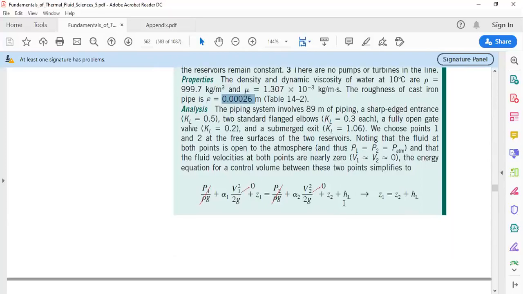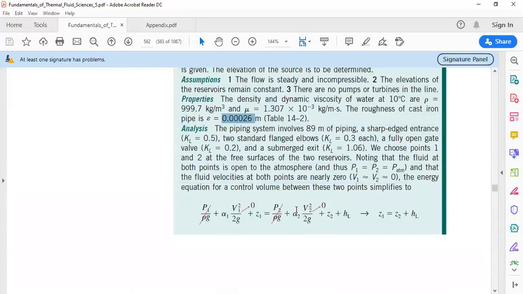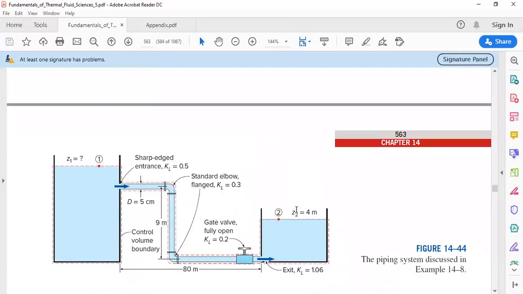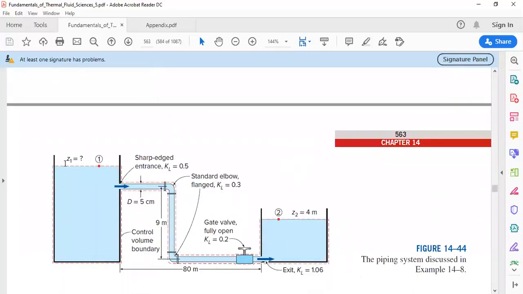Now we apply the energy equation between points 1 and 2, which represent the surfaces of the water in the top and bottom reservoirs respectively. The pressures at points 1 and 2 are equal to atmospheric pressure, so they cancel. The velocities are zero, since they are large reservoirs and the surface is almost stationary.